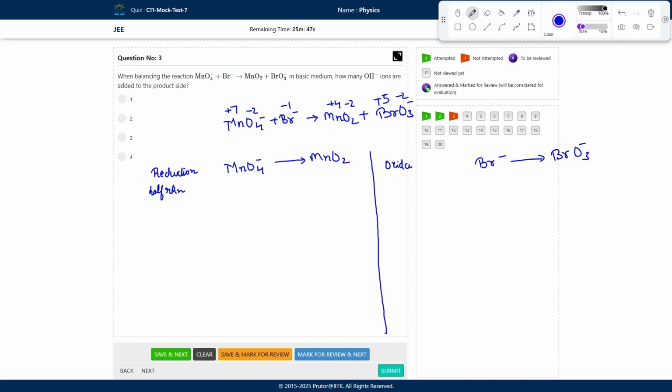So this is your oxidation half reaction. Now, if you remember, what was the balanced equation? Let me write it for you. You can just try this out. The only thing you don't need to do is make the electrons equal. The rest of the steps will be the same.